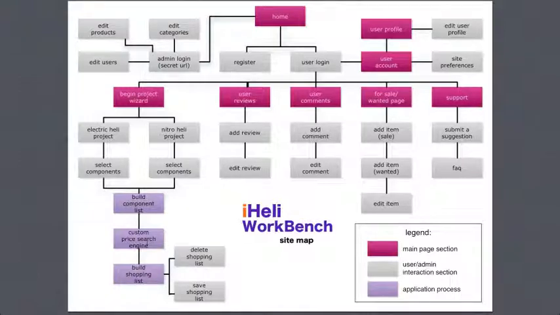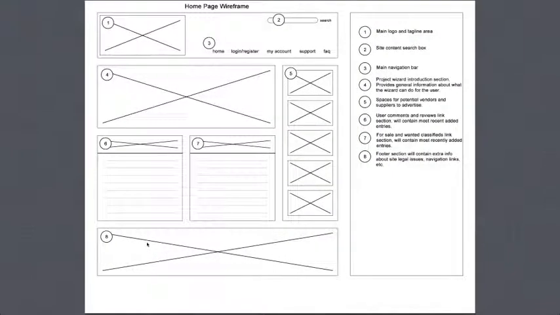So next I'd like to show you some of the wireframes. This is the home page wireframe. Starting at the header, the first section here is the main logo and tagline area for iHeli Workbench.